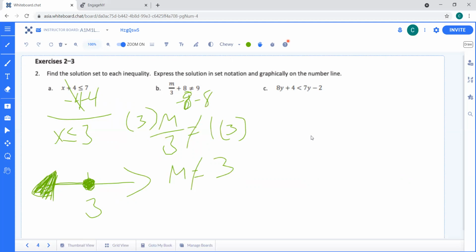It cannot be 3 because we don't want it to equal 9. So how do we do that so that it is not 3? What is that on a number line? That's an open circle, and anything that is not 3. m cannot be 3. It can be anything else, but it cannot be 3.